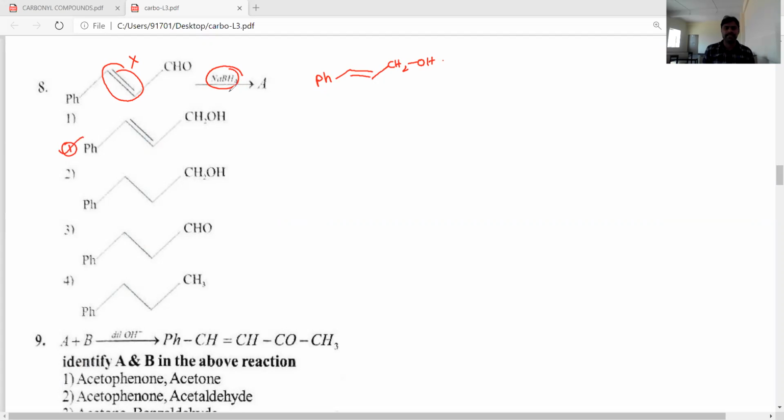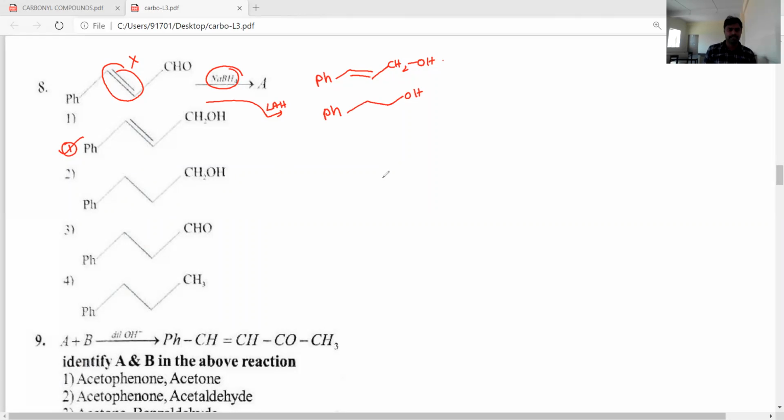But if LAH, lithium aluminum hydride, is present, it can reduce the double bond also, so the product is this. So the answer is the third option. The second option is correct when lithium aluminum hydride is present. When sodium borohydride is present, the first option.